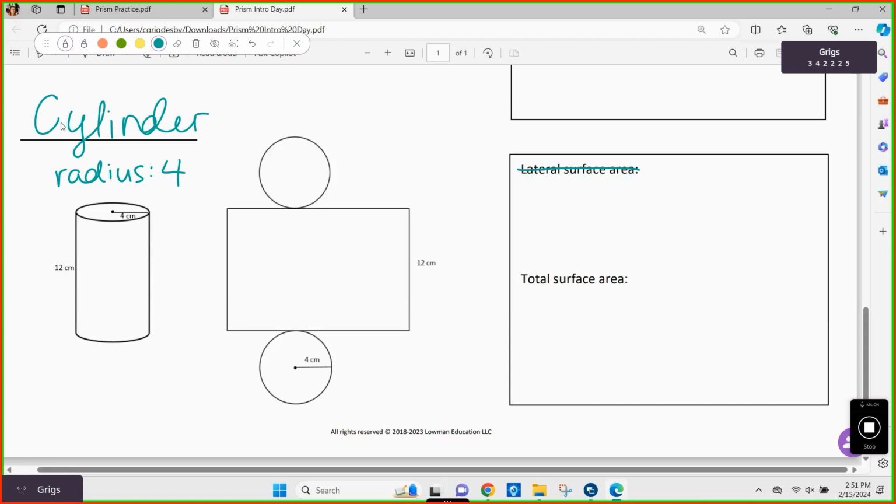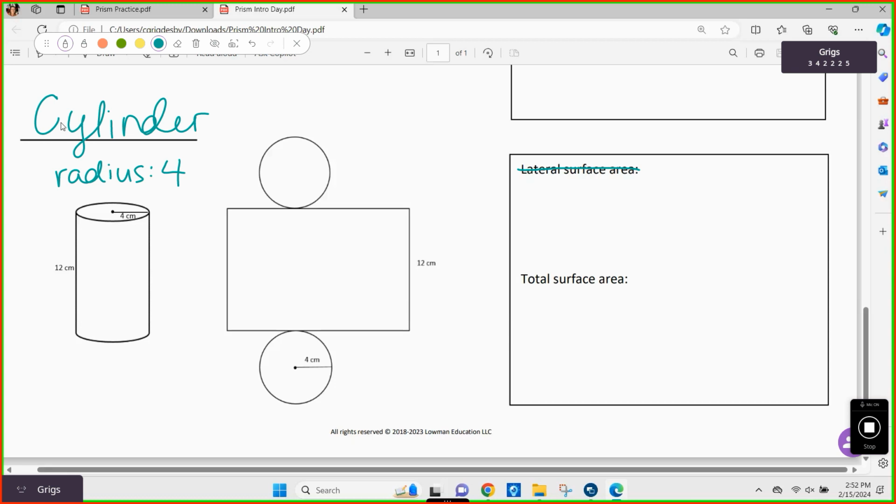Let me ask you a specific question. Point to total surface area of a cylinder on your star chart. If I find the total surface area of a cylinder, will it have the lateral within it, like the prisms have? Yes.